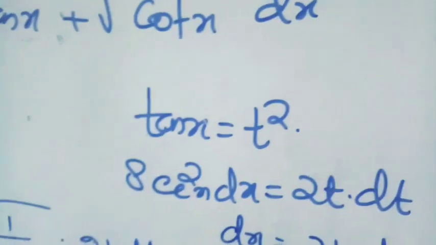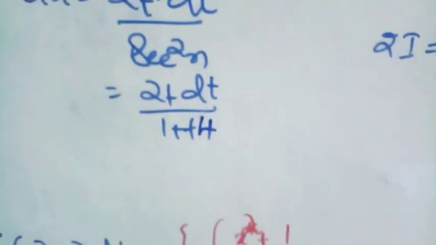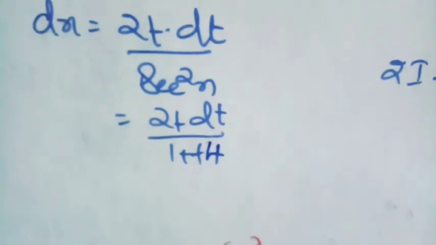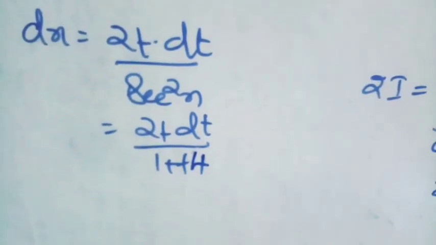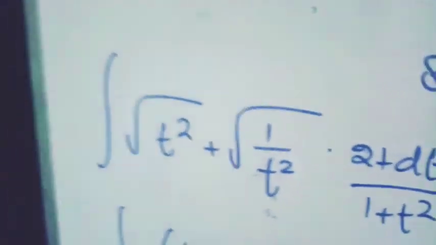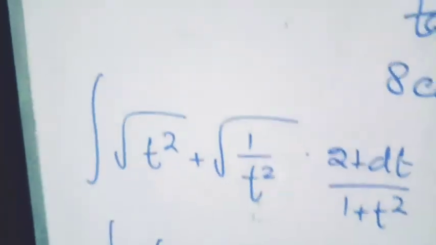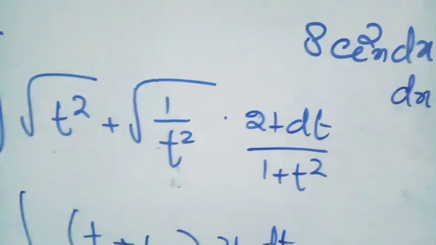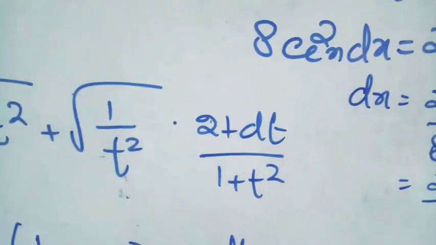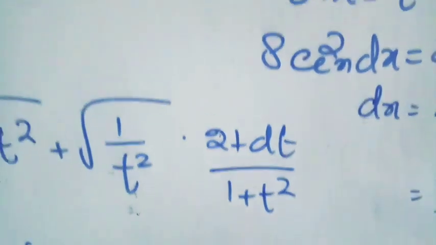Here tan x is equal to t square, so 1 plus tan square x can be written as 2t dt divided by 1 plus t raised to 4. Now replace the function: root of t square plus root of 1 by t square, into dx. For that dx it is 2t dt divided by 1 plus t raised to 4.